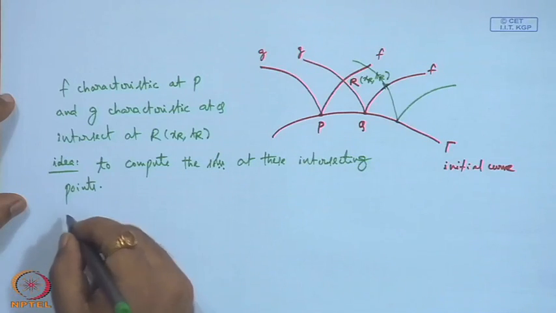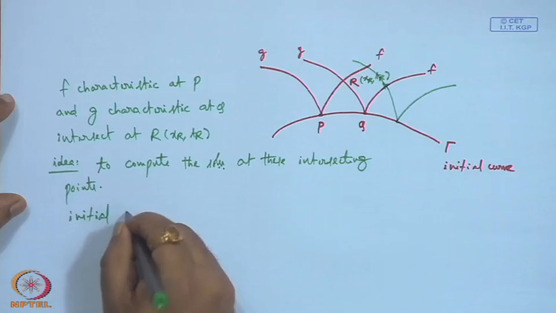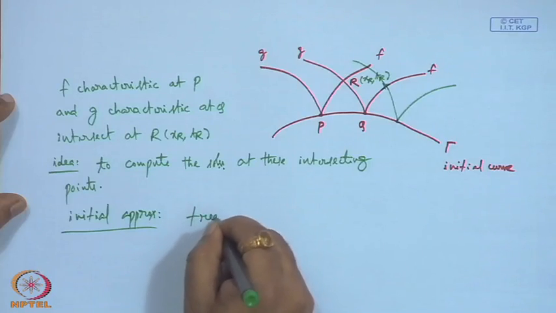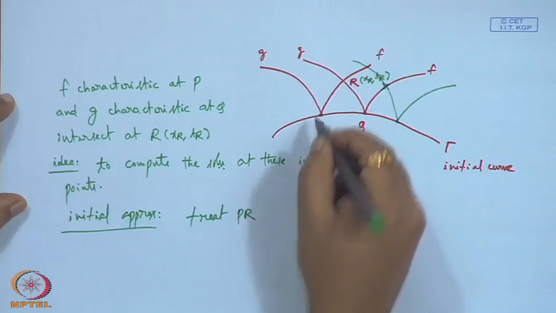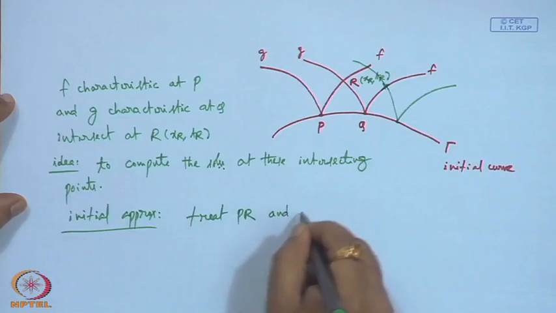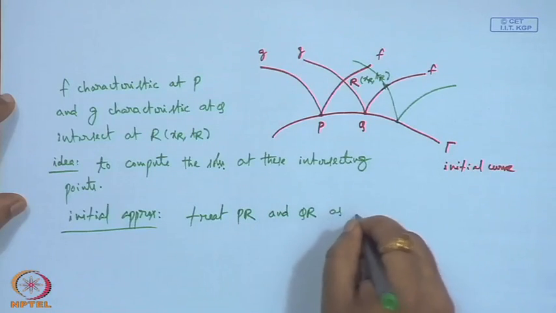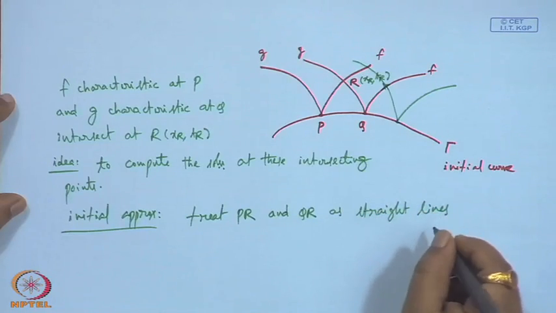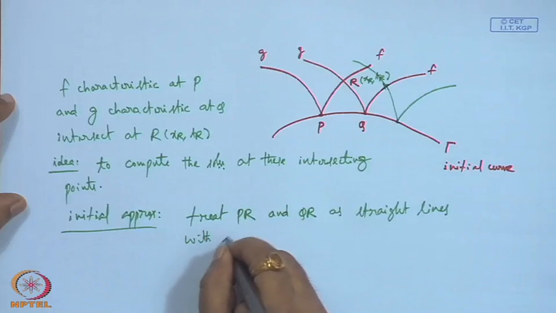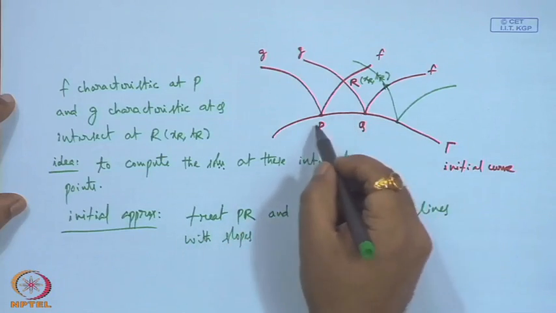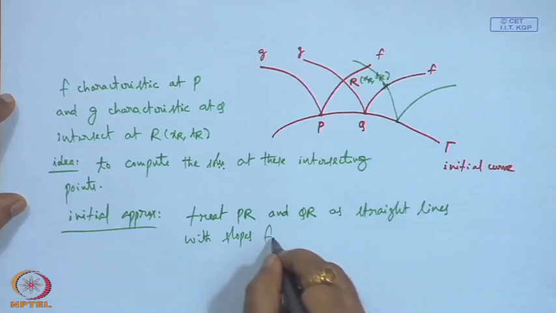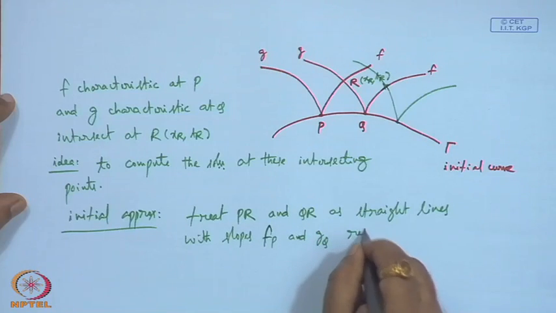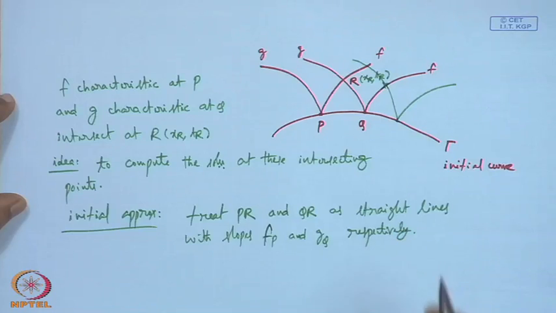So, to start with, as an initial approximation, treat P r and Q r as straight lines with slopes of obviously F p and G q respectively.